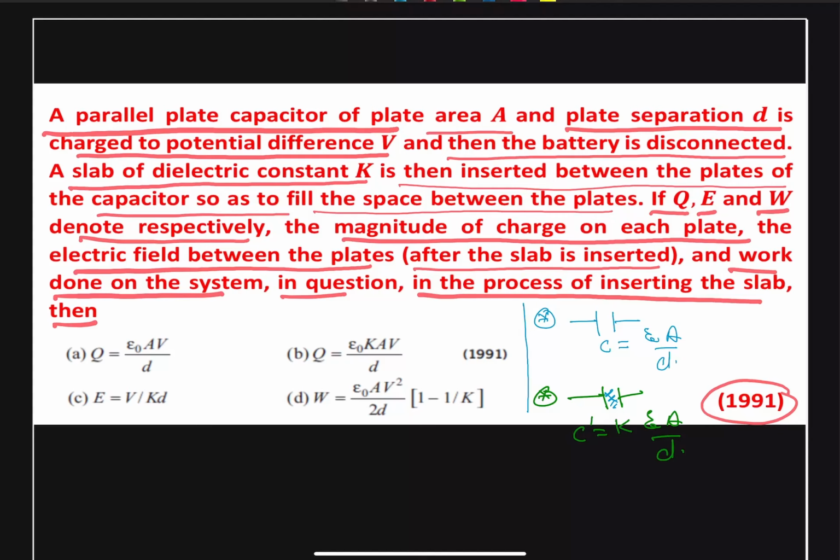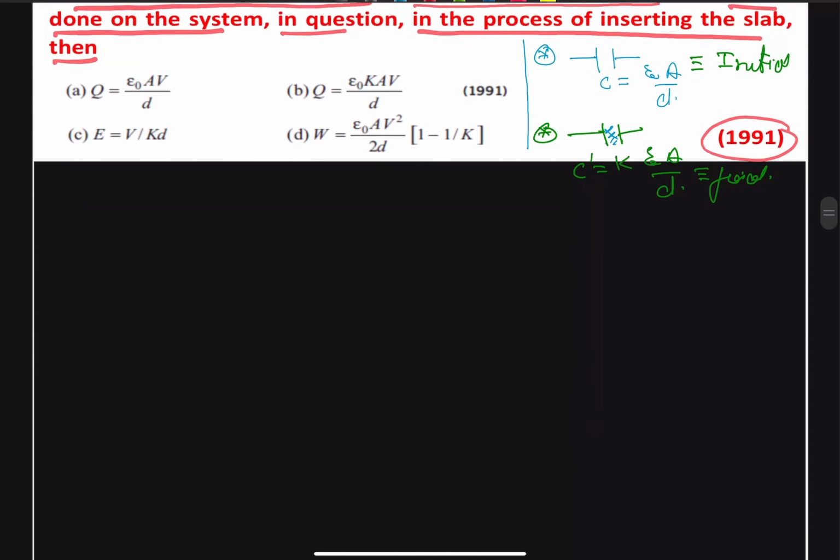This is our initial, and this part is our final. But during this entire process, because the battery has been disconnected, the charge remains constant. So from here we can write that the charge on the plates remains constant.